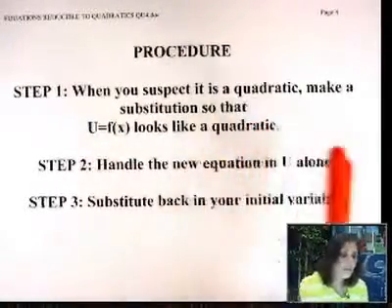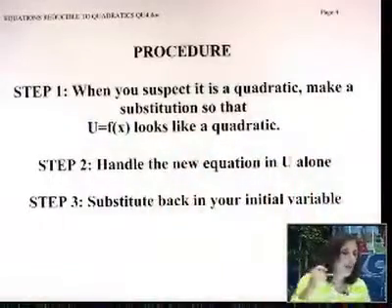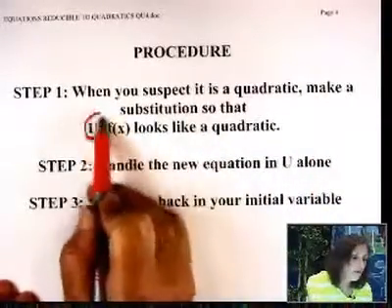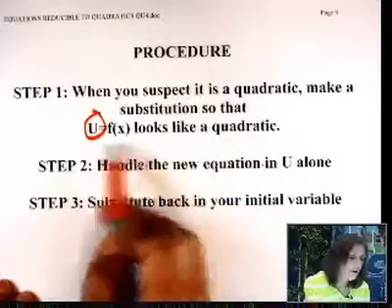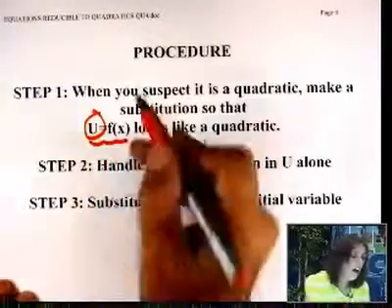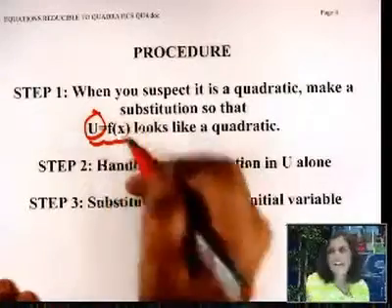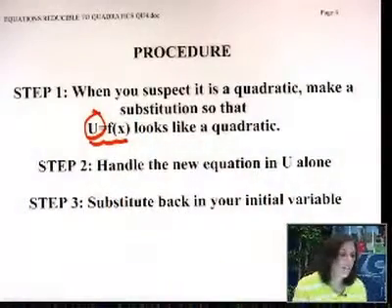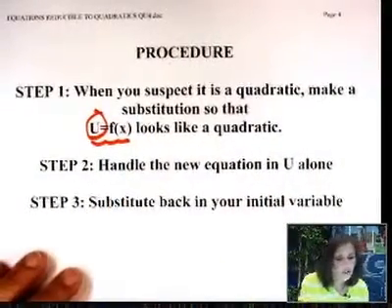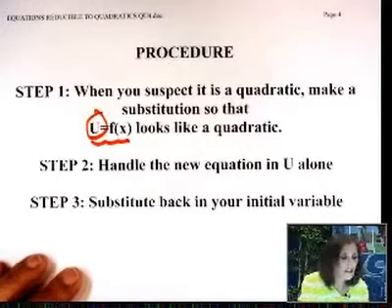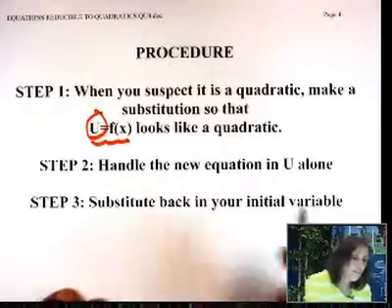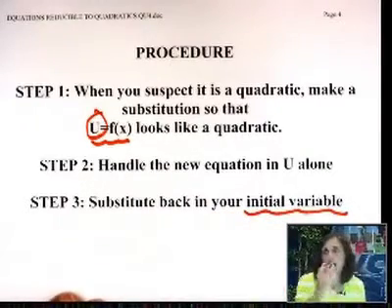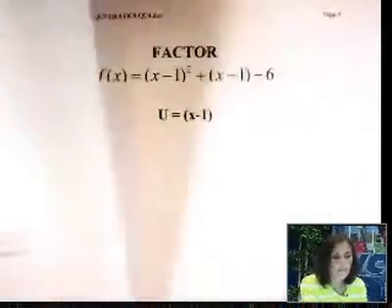When you suspect it's a quadratic, make a substitution so that u equals something and it looks like a quadratic. All right? And this f of x is like any function of x. Handle the new equation in u alone, and then you substitute back in your initial variable, which is probably an x or a t. So what does that mean? Let's do it.